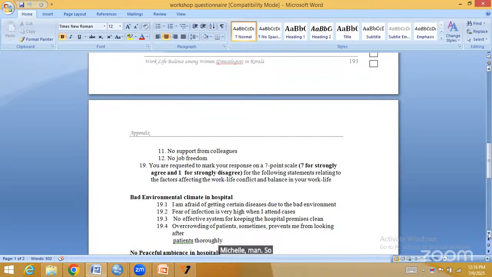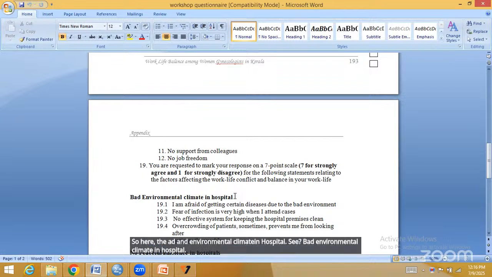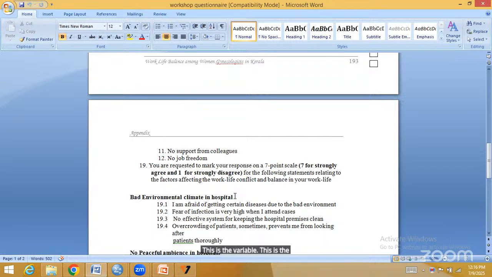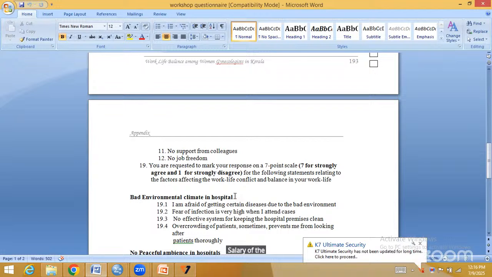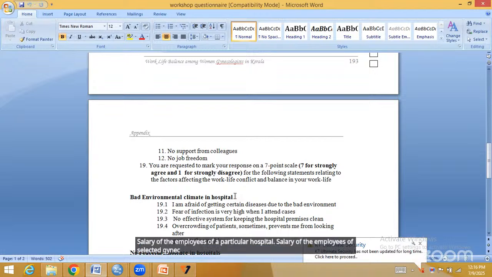So here, bad environmental climate in hospital. See, this is the variable. It is a qualitative variable that cannot be quantified. The salary of the employees of a particular hospital, the salary of selected gynecologists, that can be quantified.